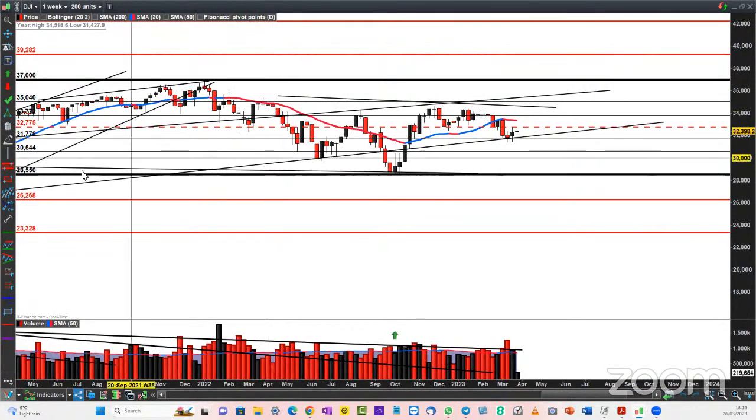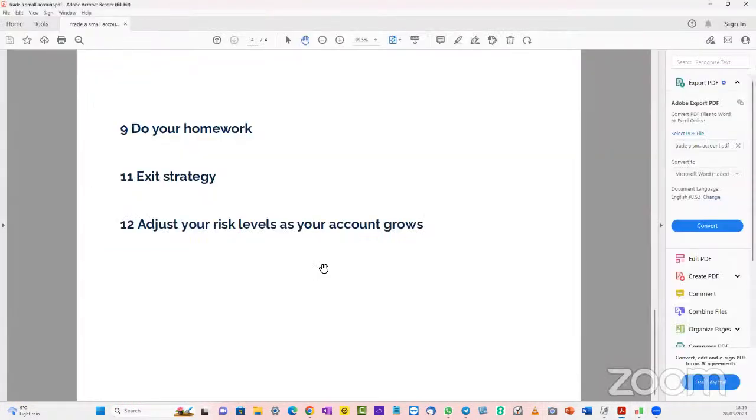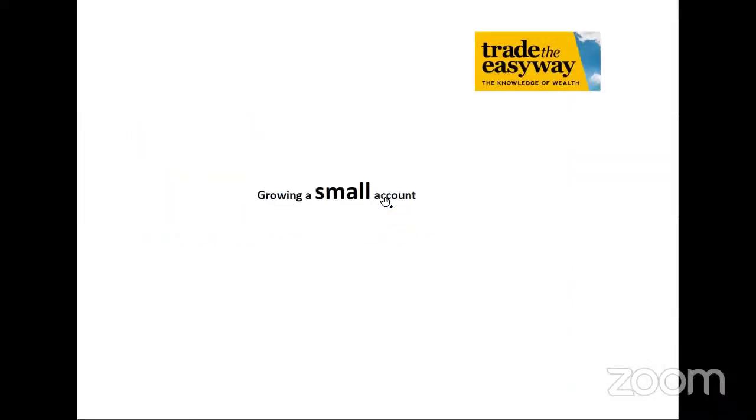All right, so let's just recap then. Let's pull this back. Day trading and growing a small account is about having a plan, having the right trade setups that you know work and have a good probability, having a set of rules that you stick to, rules that you've either learnt from a program or developed yourself, and controlling your trading.